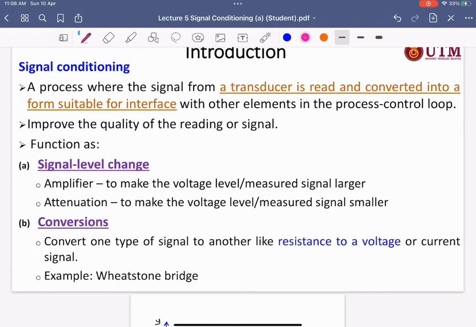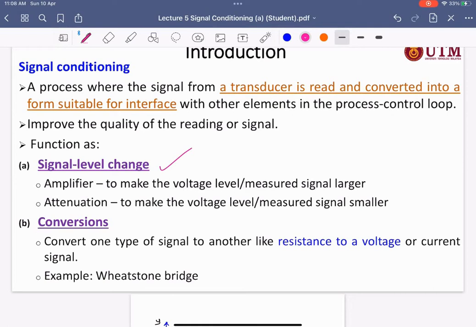After this, maybe you will have a second signal conditioning, or a comparator to compare the reference value and so on.